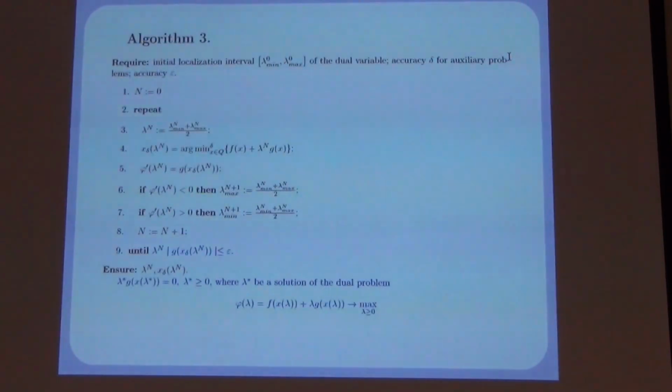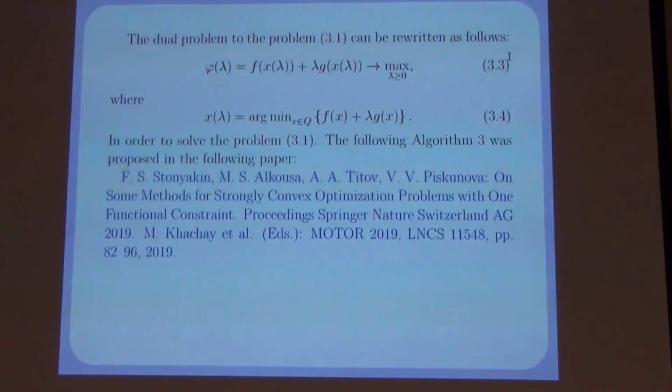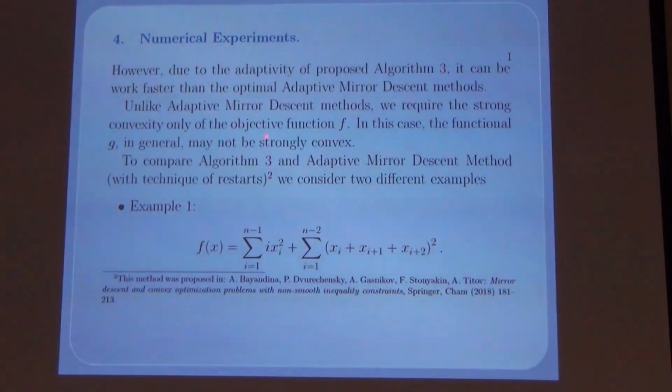The efficiency of this algorithm is, first, that it is adaptive. There is no need to know any information about the strong convexity parameter or the smoothness parameter if the objective function is smooth. This is unlike the optimal methods, the adaptive mirror descent method, where we need to know the strong convexity parameter mu.